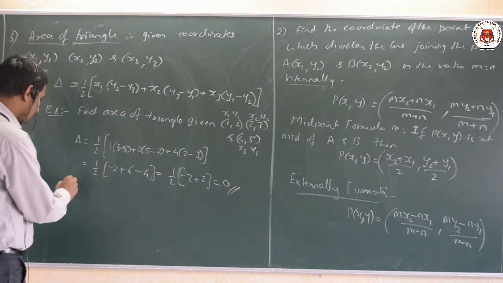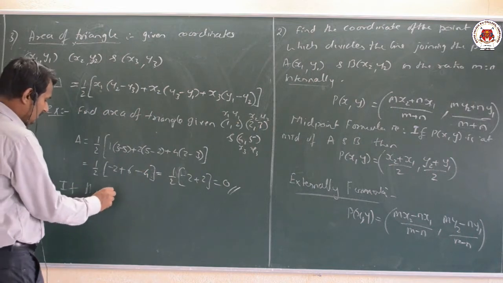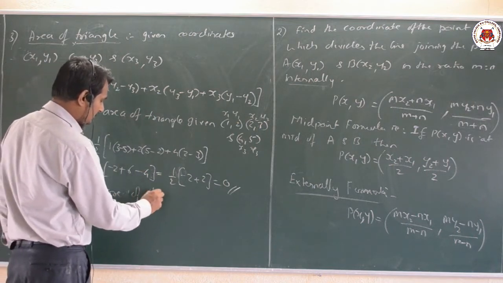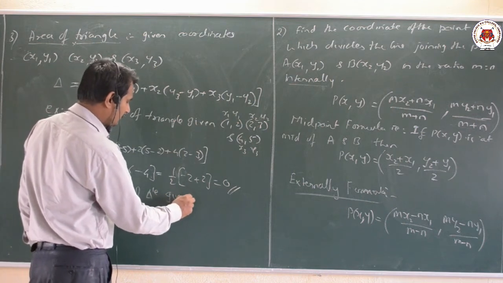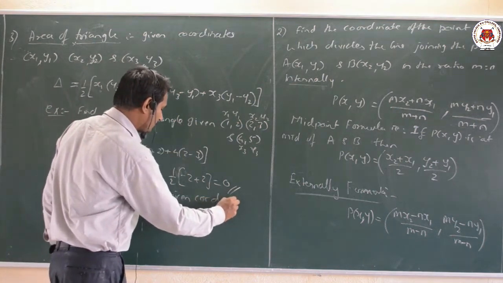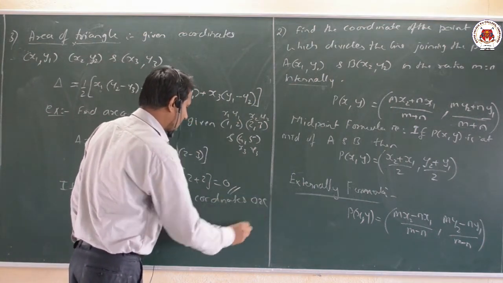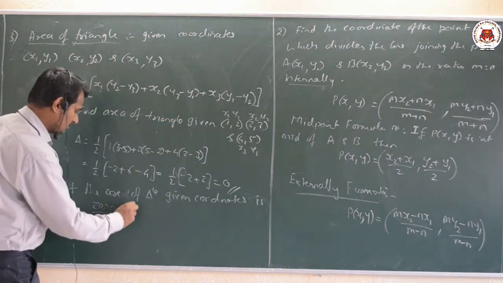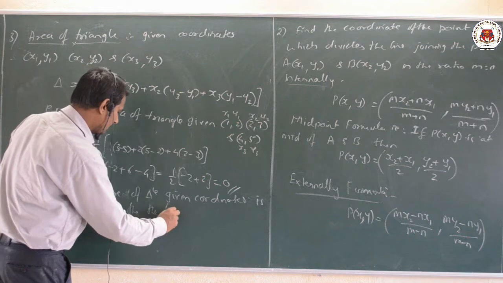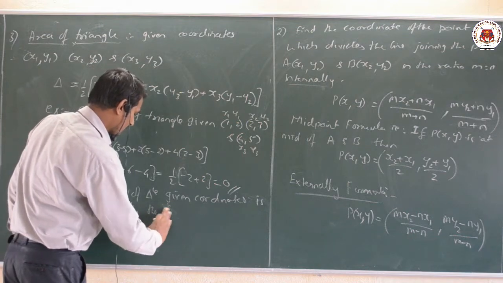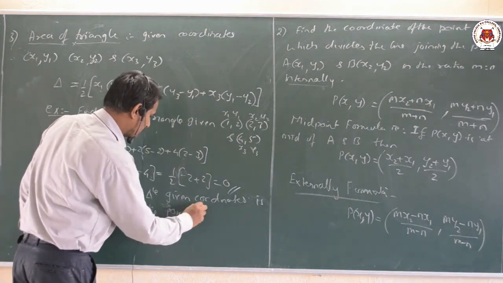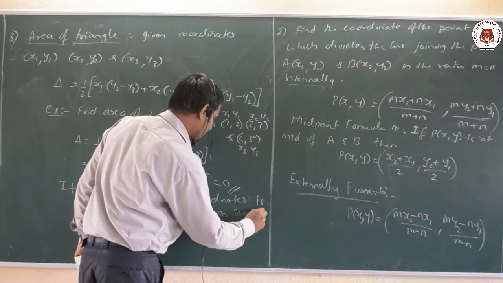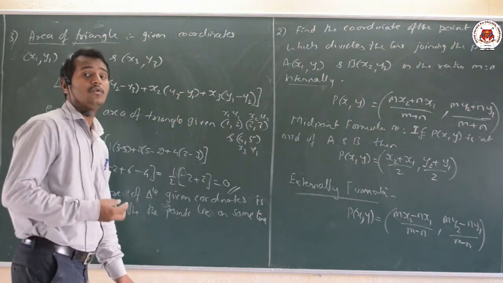If the area of the triangle with given coordinates is 0, then the points lie on the same line. That is the definition of collinear.